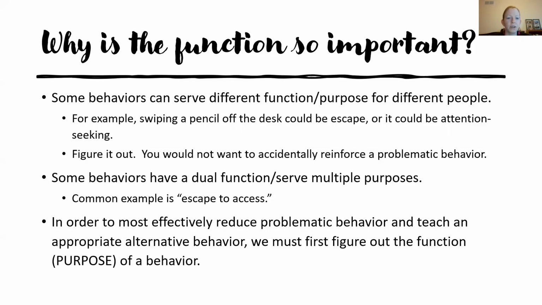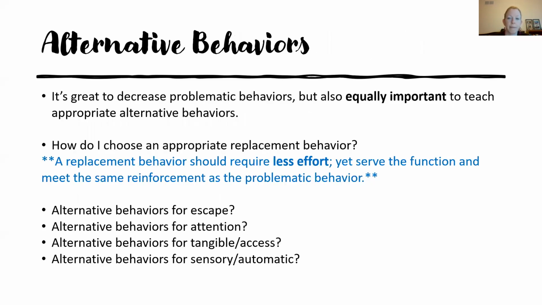And in order to most effectively reduce problematic behavior and teach an appropriate alternative behavior, which I'll get into in just a second, we must first figure out the function or the purpose of behavior. So, alternative behaviors: it is great to decrease problematic behavior, but equally important to teach appropriate alternative behaviors.